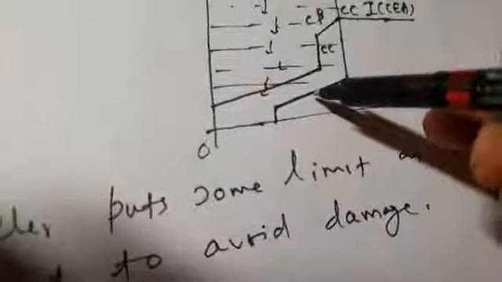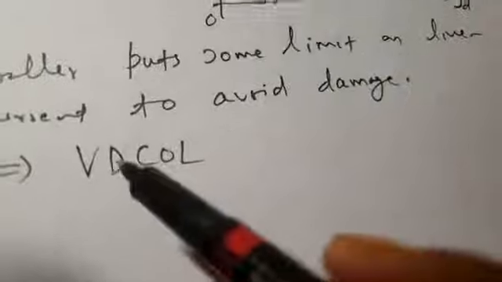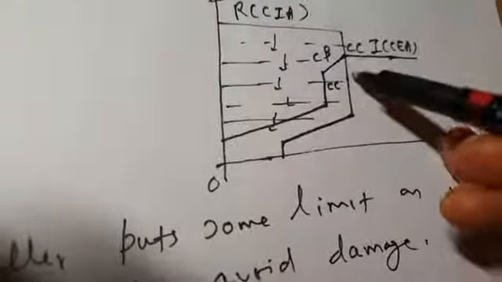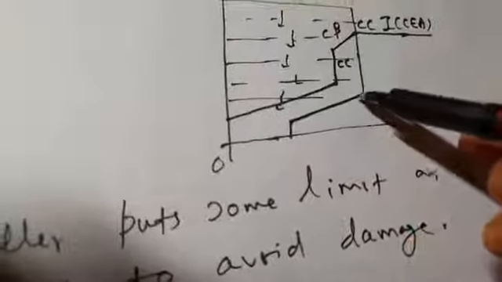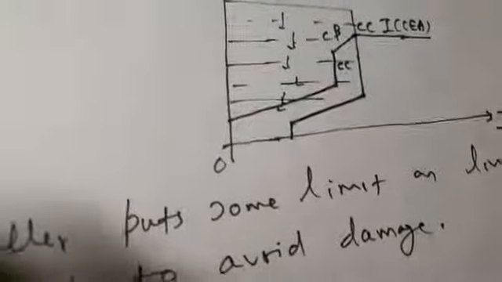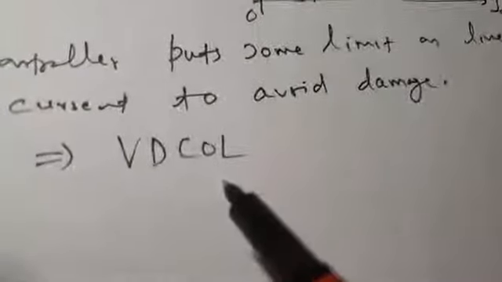Since this current order depends upon the voltage, it is dependent upon the voltage. If voltage is high, your current order may be high. If voltage falls and collapses quickly to very low values, the current order also decreases. So this is called voltage dependent current order limit.